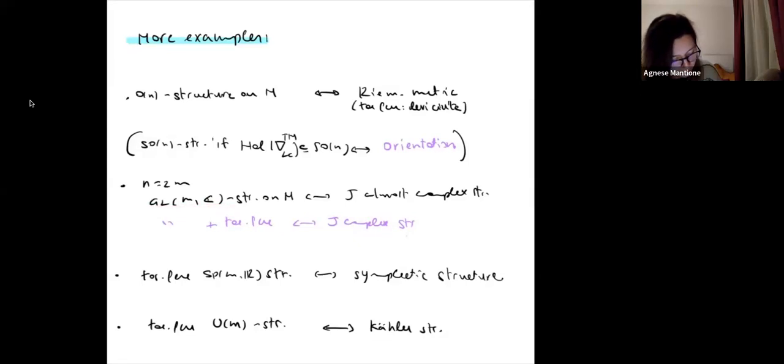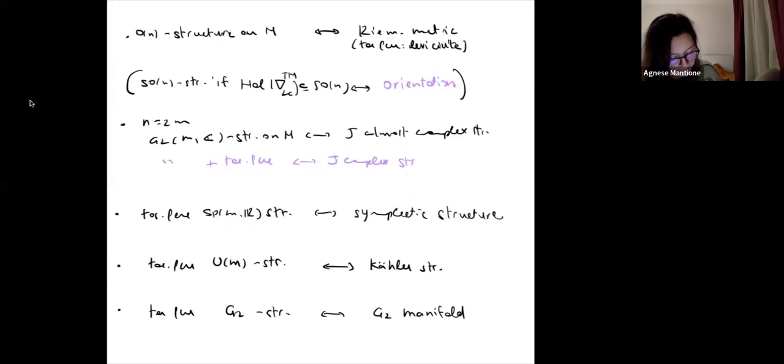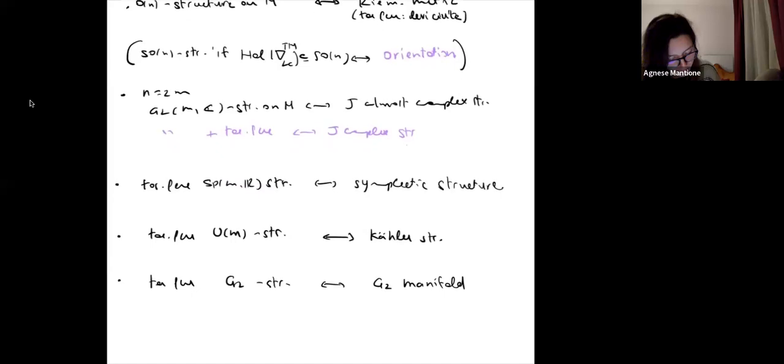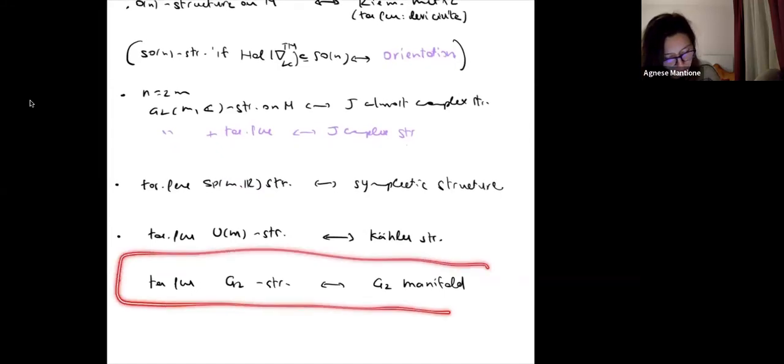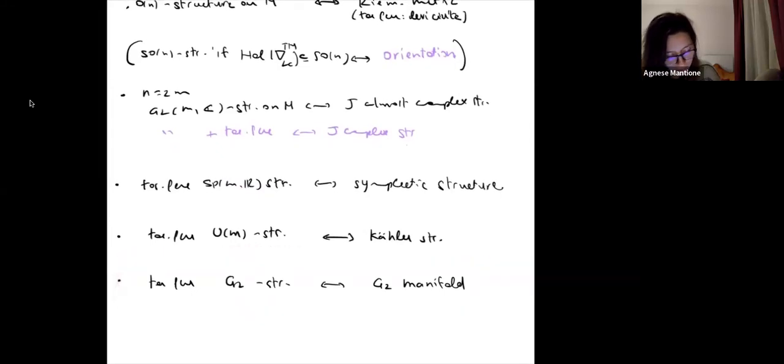Symplectic manifolds have a torsion-free Sp(2m,R) structure, and Kähler manifolds have a torsion-free U(m) structure. Finally, here I wrote G2 manifolds, which is maybe a more mysterious thing, but this is what we will be talking about later on. G2 manifolds are manifolds that have a torsion-free G2 structure, and I will explain what this means soon.